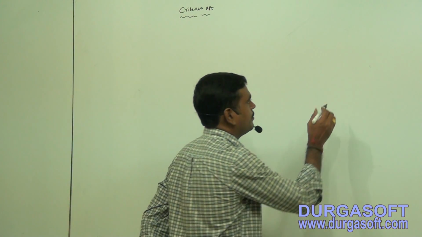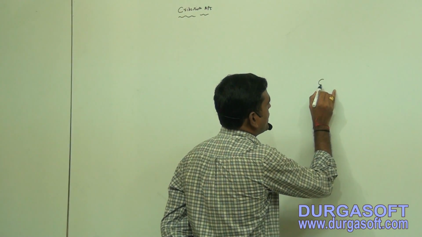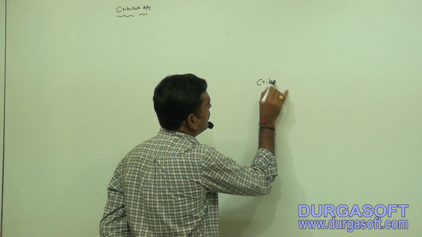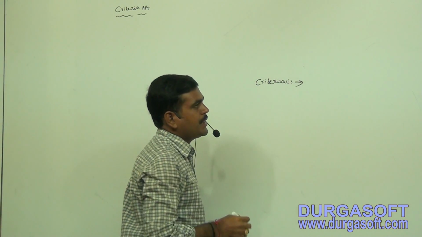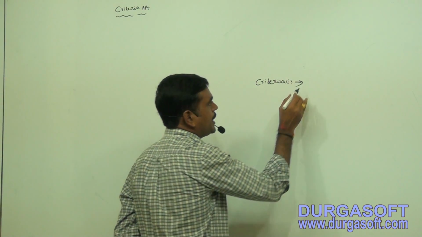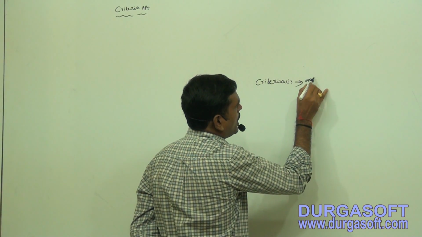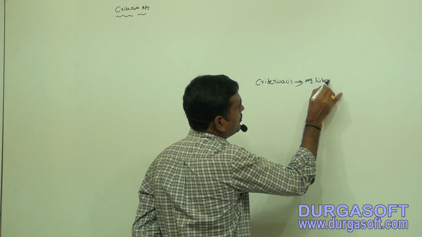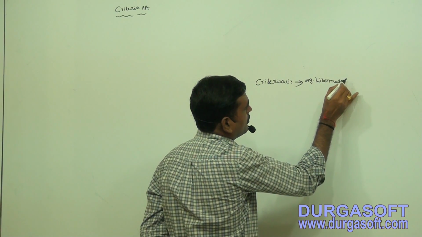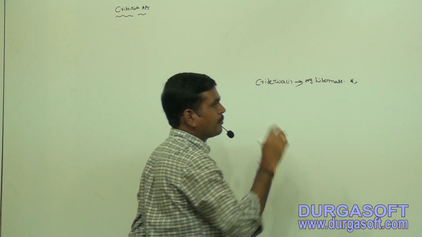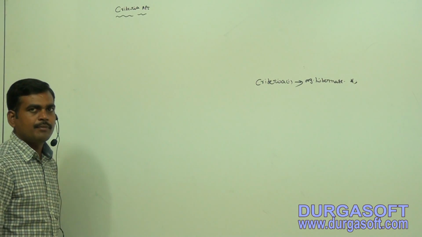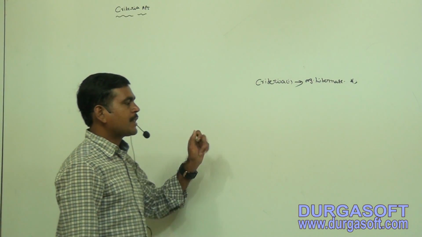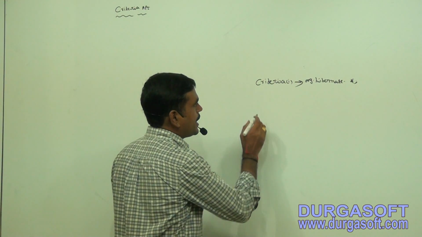See now here, criteria is an interface available in the org.hibernate package. How to get this criteria object?